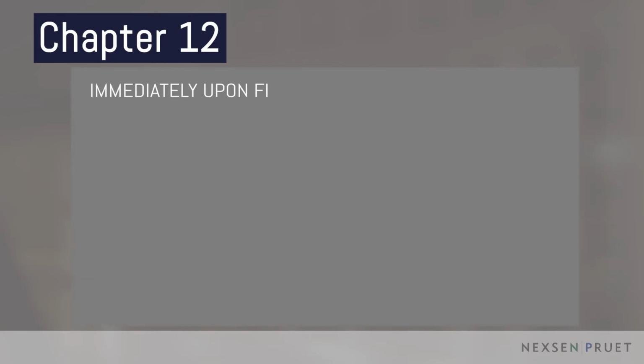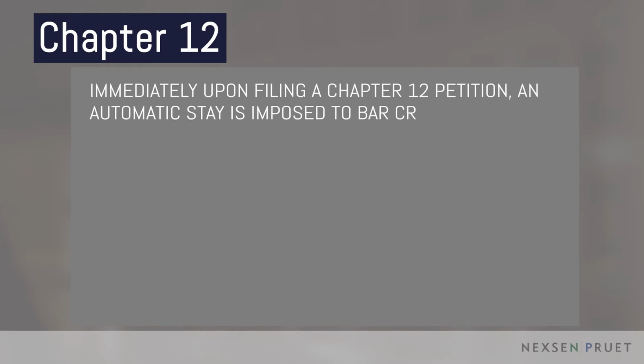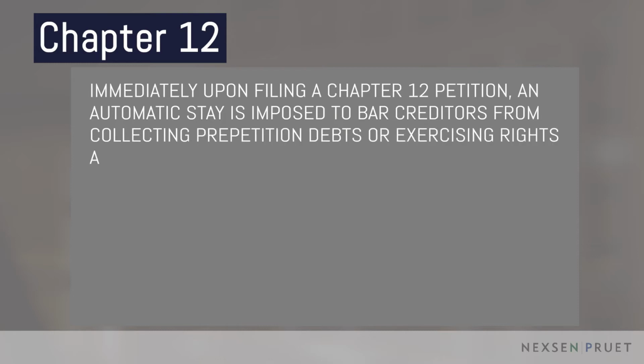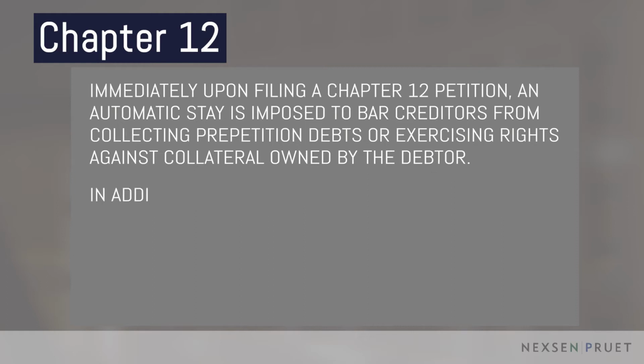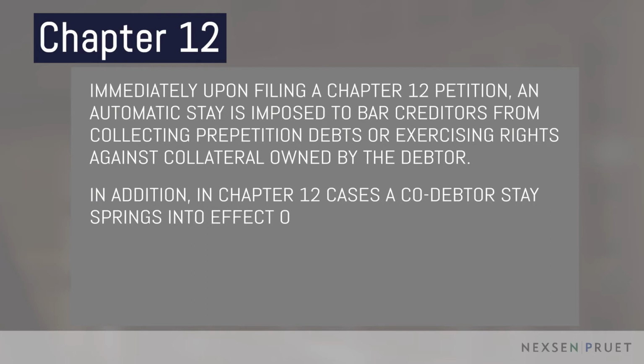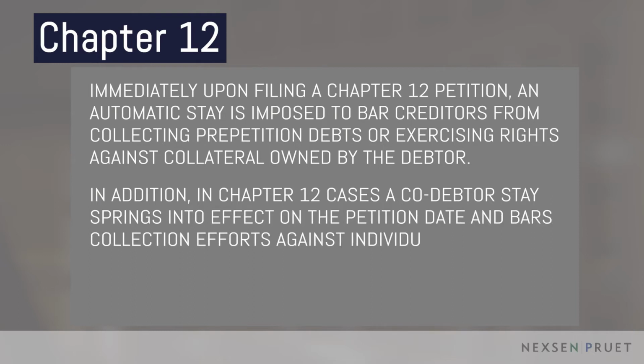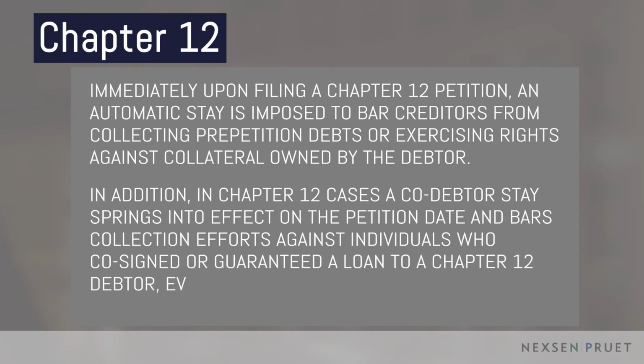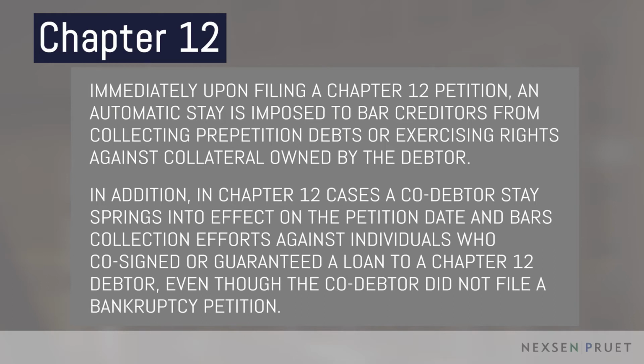Immediately upon filing a Chapter 12 petition, an automatic stay is imposed to bar creditors from collecting pre-petition debts or exercising rights against collateral owned by the debtor. In addition, in Chapter 12 cases, a co-debtor stay springs into effect on the petition date and bars collection efforts against individuals who co-signed or guaranteed a loan to a Chapter 12 debtor, even though the co-debtor did not file a bankruptcy petition.